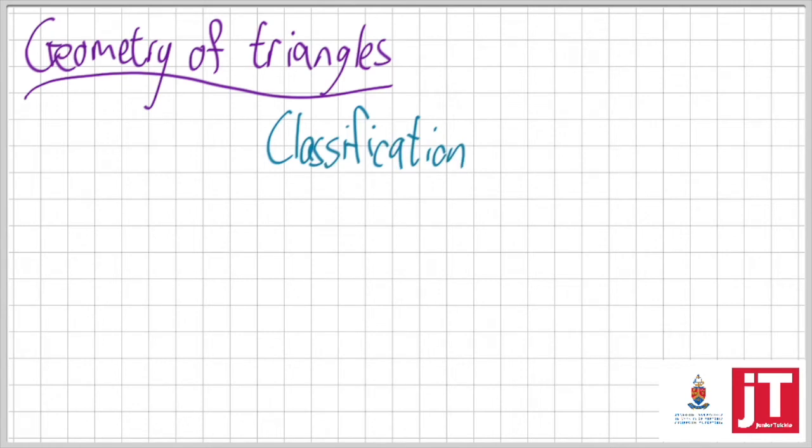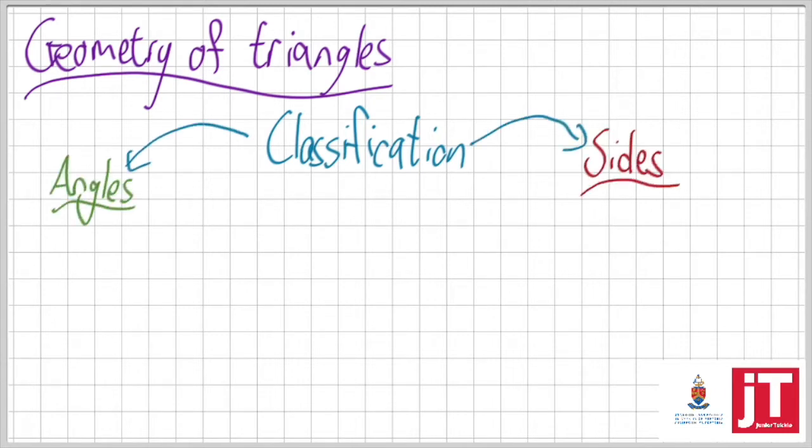Now, I love to do my classification of triangles according to two things. First of all, angles, or secondly, sides. Both of these have their amazing applications, but let's quickly have a look at it. As we go through it, we will have a look at which ones are important where. So let's start with angles.